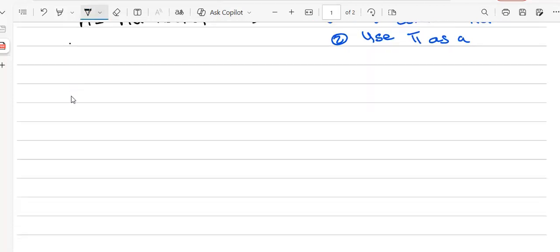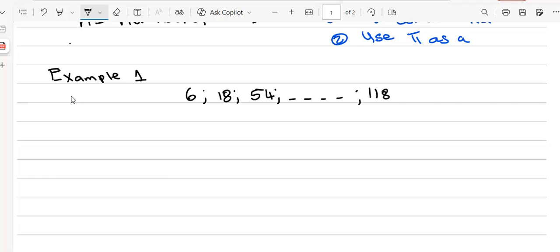Okay, let's call this example 1. Let's work on this example. On this example, we're going to have the sequence 6, 18, 54, all the way to 118098, which will be the last term.